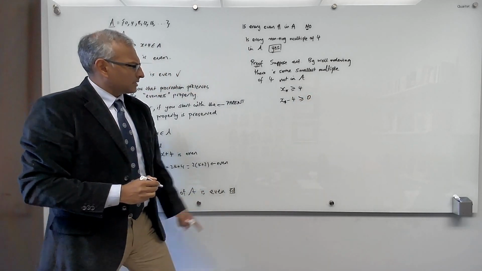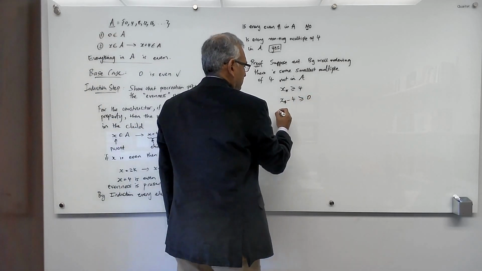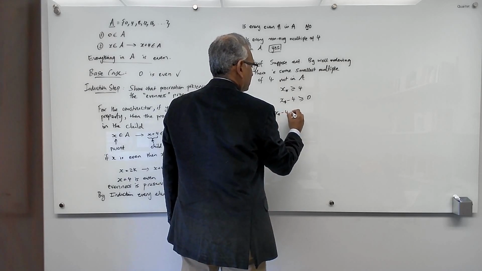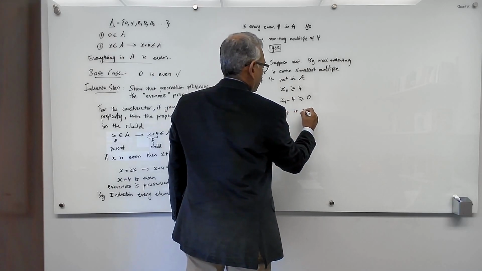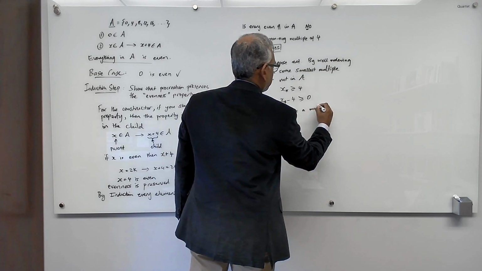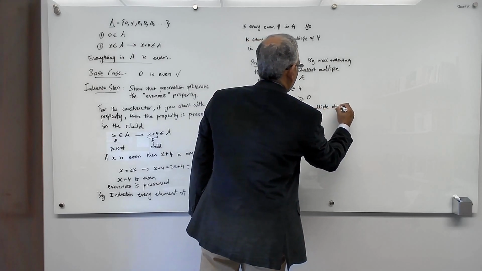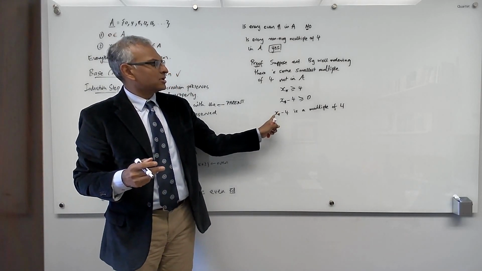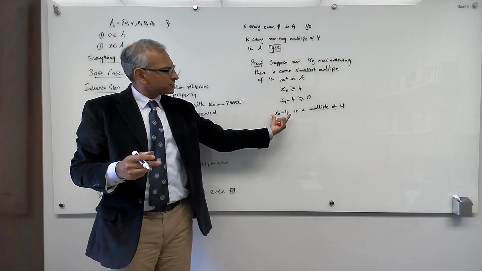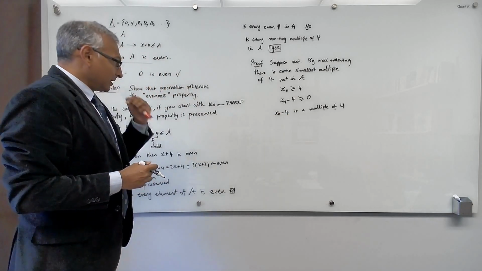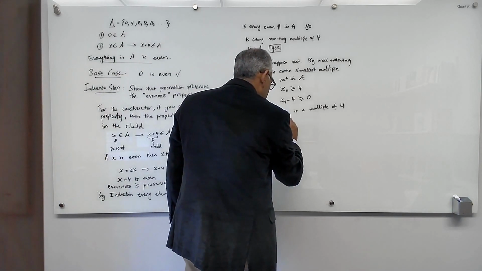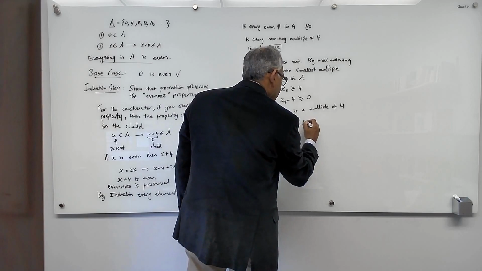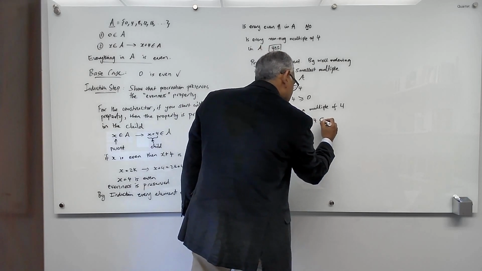And x star minus 4 is a multiple of 4 because x star is a multiple of 4. So this is 4k minus 1, so this is 4 times k minus 1. So this is a multiple of 4.